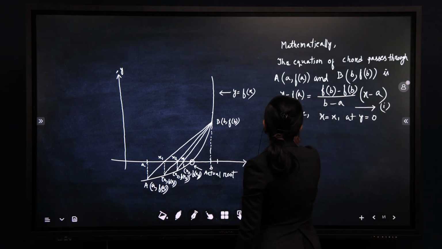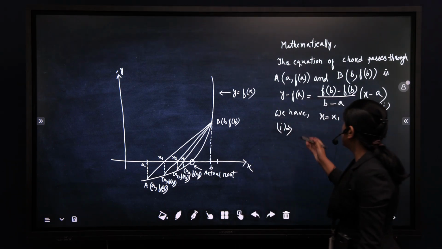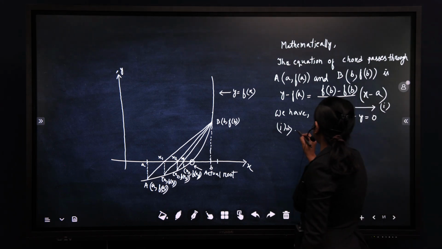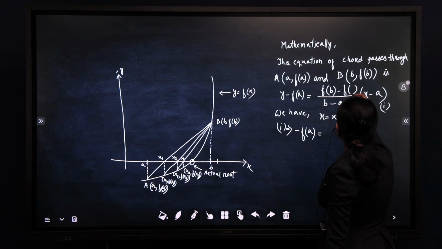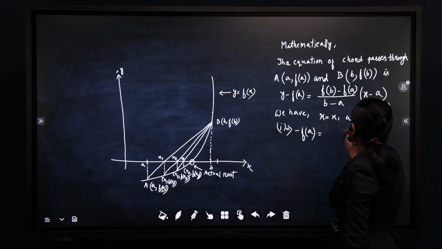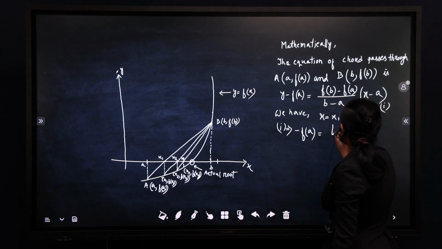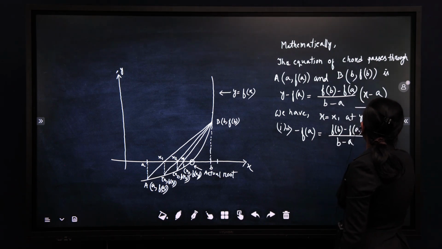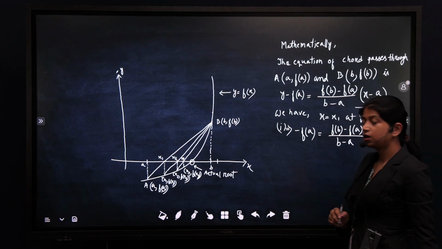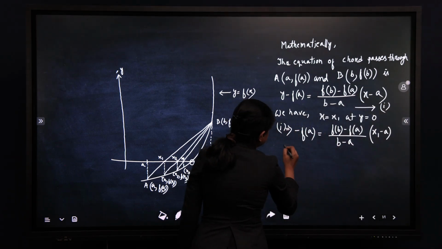So 1 will imply, y is 0, so this will be minus f of A equal to f of B minus f of A by B minus A, and x equal to x1, so x1 minus A.